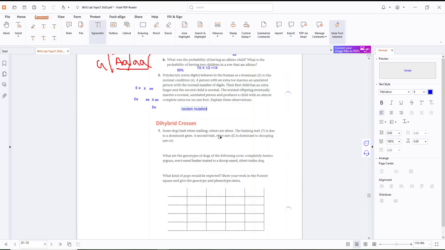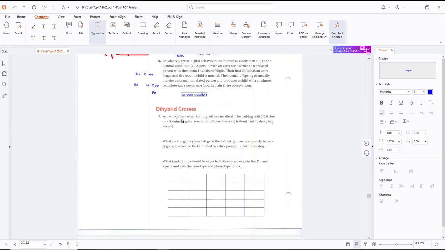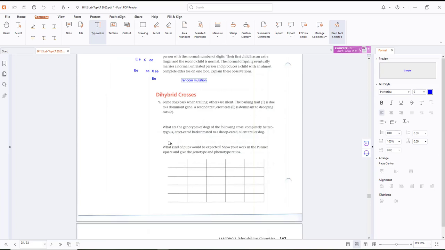All right, moving on to our dihybrid crosses. Some dogs bark when trailing, others are silent. The barking trait, big T, is due to a dominant gene. A second trait, erect ears, big E, is dominant to drooping. So what are the genotypes of dogs of the following cross?